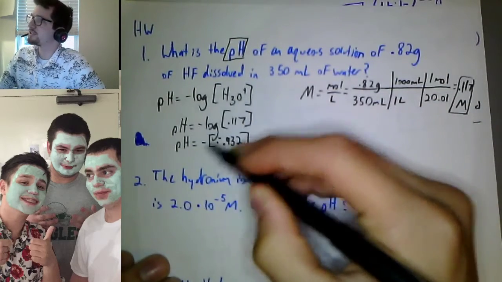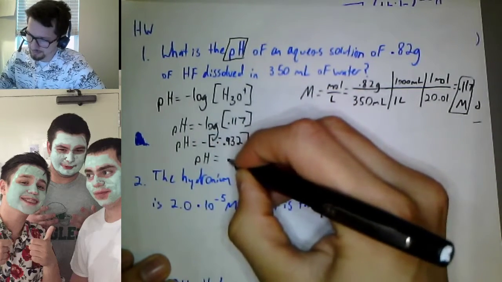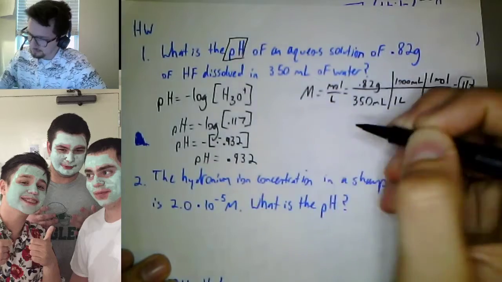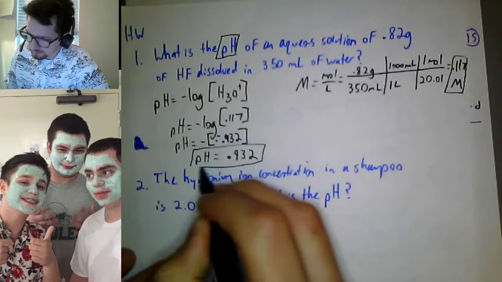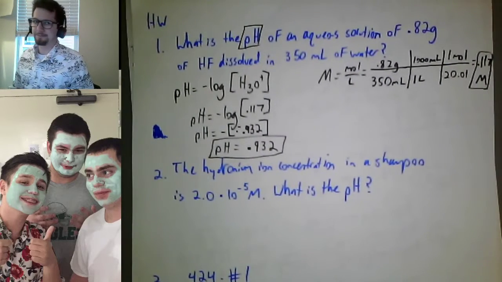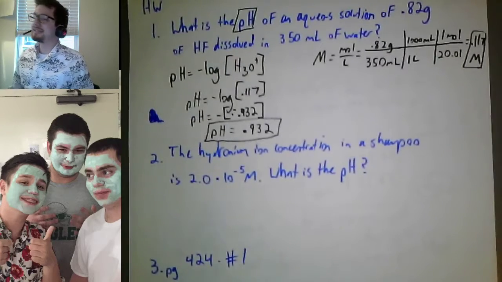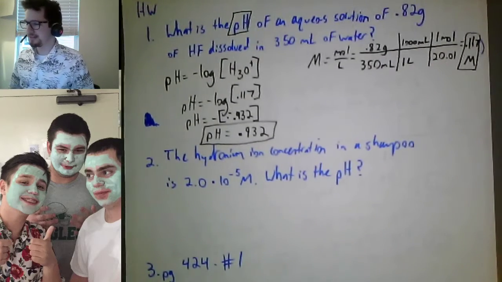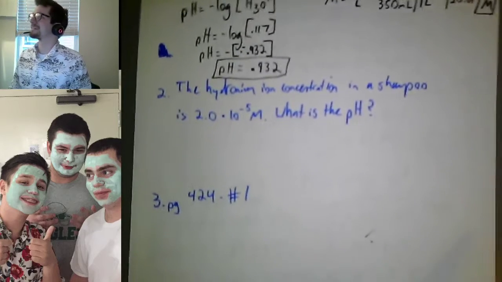Now what happens to these two negatives? They cancel out, so my pH equals 0.932. A super small pH. Okay. Hopefully that makes your instructions more clear. If you didn't get this way, please redo this problem, or you're going to be doomed for today's lesson.